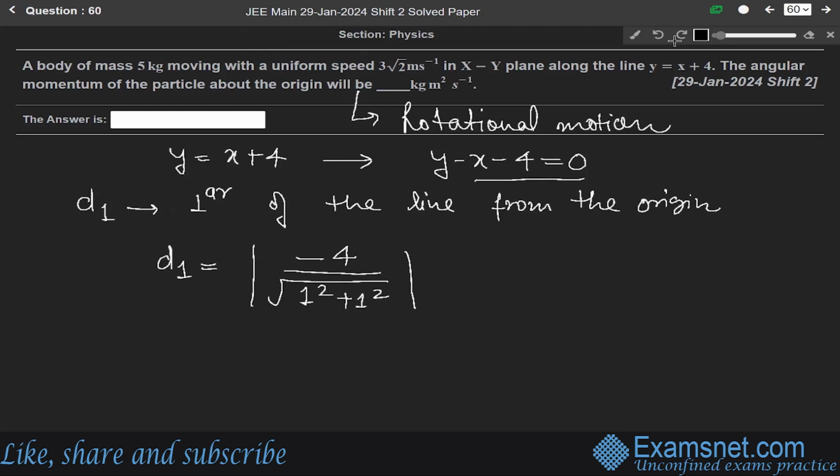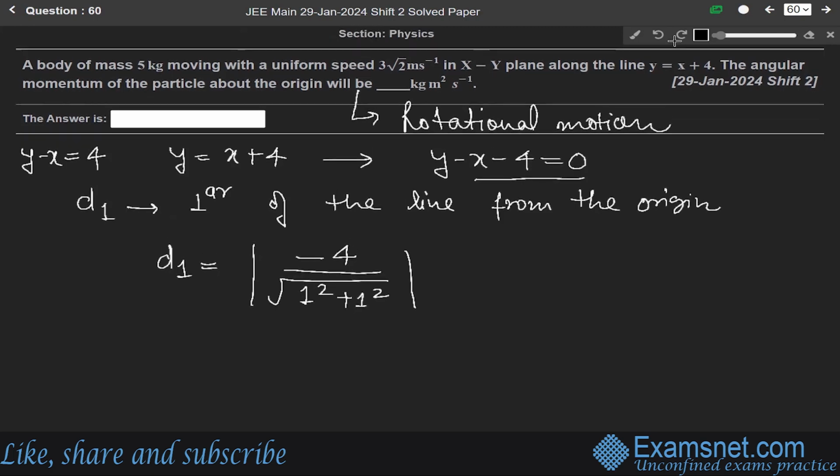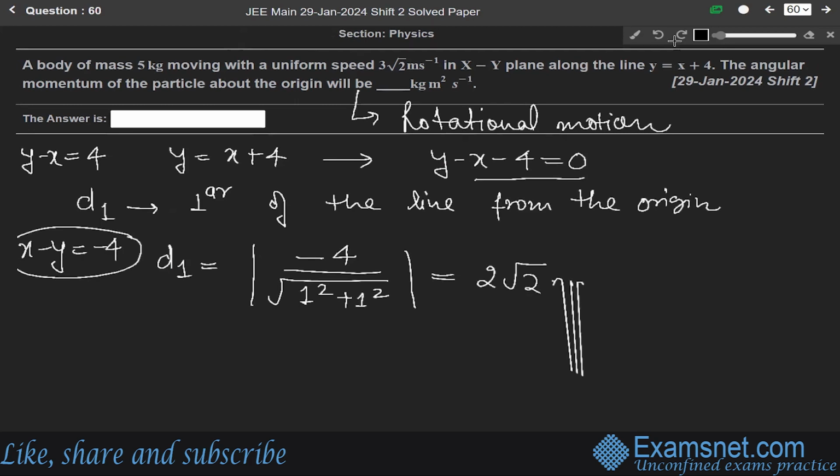Since y equals x plus 4, y minus x will be equal to 4, or we can write it as x minus y equals minus 4. So using the distance formula, d1 will be equal to minus 4 over under root of 1 square plus 1 square. So it will become 2 root 2 meter.